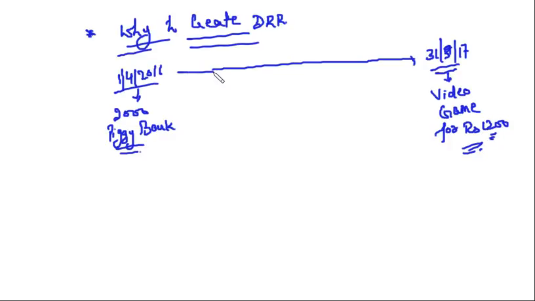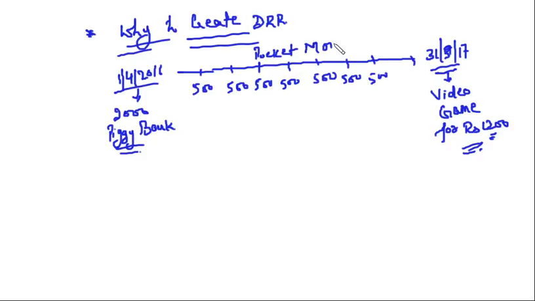Now, next thing. Every month you get 500 rupees as pocket money, right? This is your pocket money. Clear? Now, what will you try? You need 1200 rupees to buy a video game.